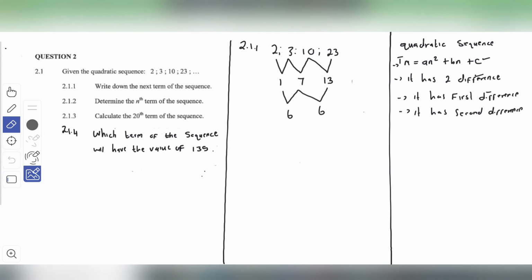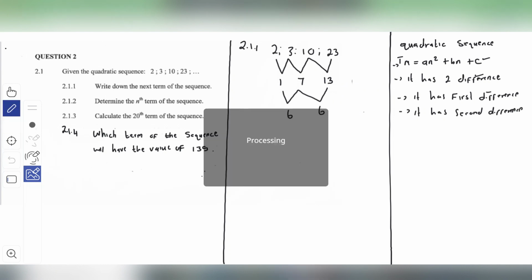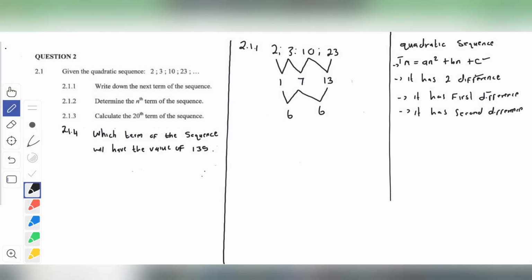To find the next term, we are going to write 6 here. You see what I did? I just extended this line. Then I'm going to say 13 plus 6. Can you see 13 plus 6? It gives me 19, which is the next first difference.